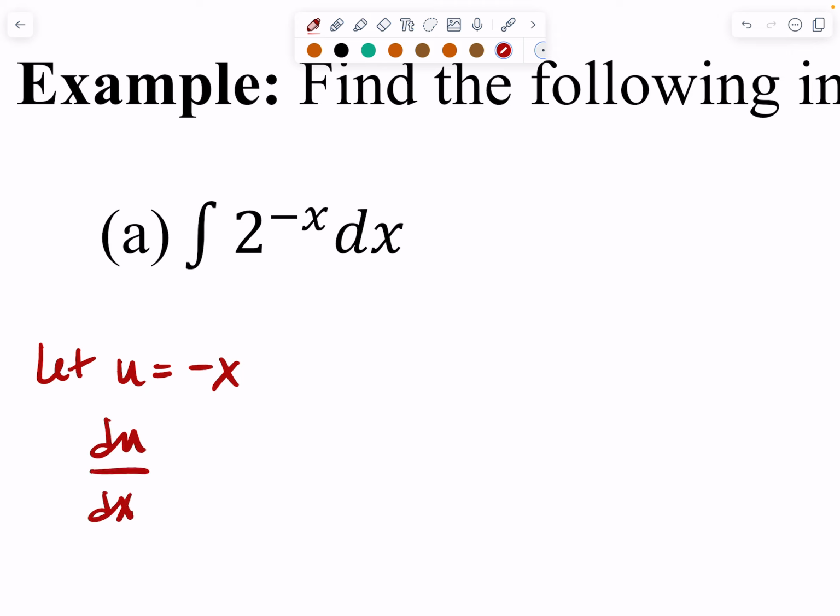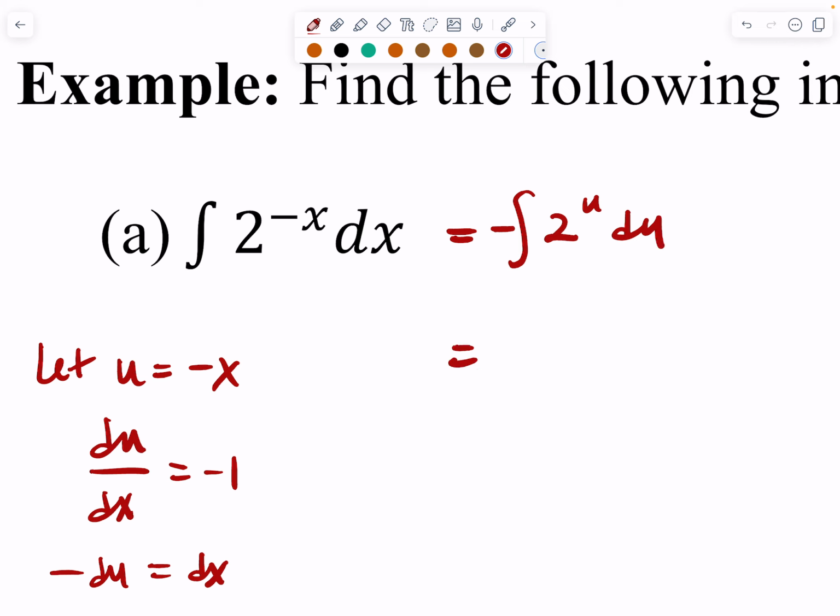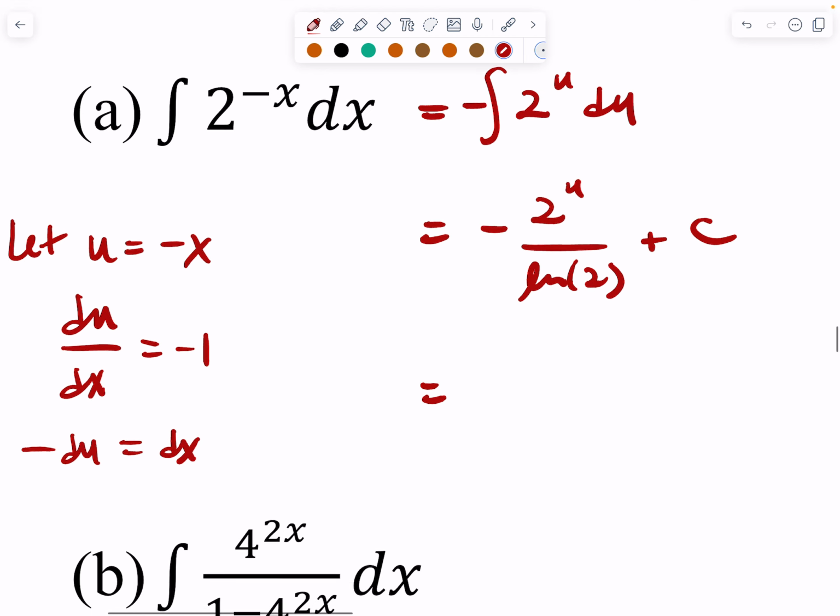But du over dx would be -1, so negative du will be equal to dx. So I'll have -1 times the integral of 2 to the u du would be -2 to the u over ln of 2 plus c, and then substituting the negative x back in.